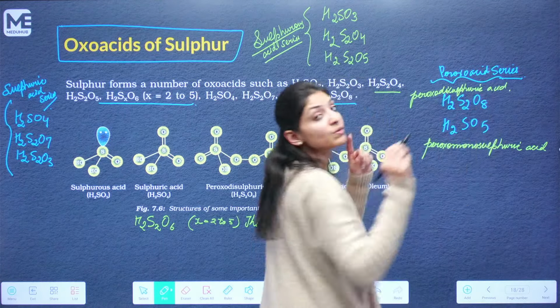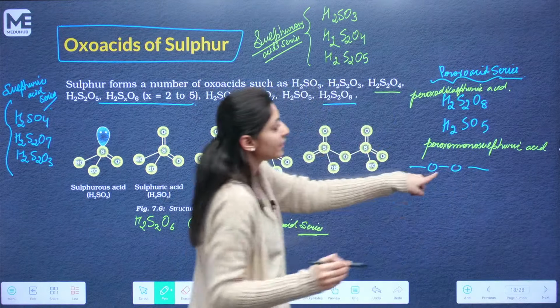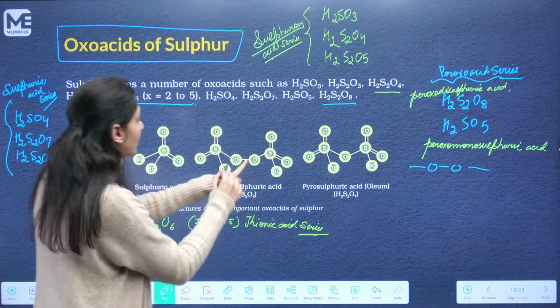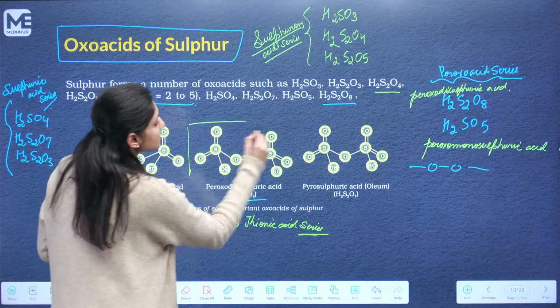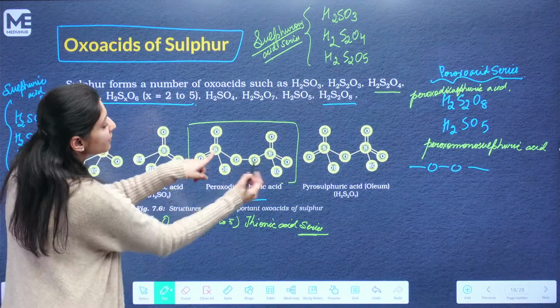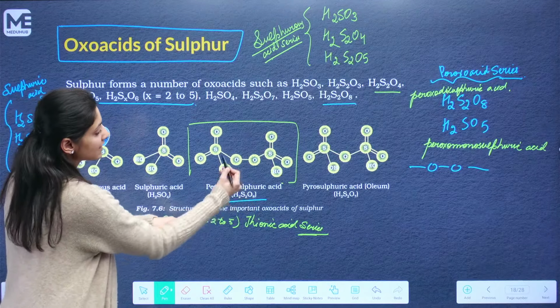Since they are peroxo acids, they will contain this linkage. If we draw the structure, one of them is there in your book, H2S2O8. You will see that between two sulfurs there is an O-O linkage. So this is the structure of peroxo disulfuric acid.